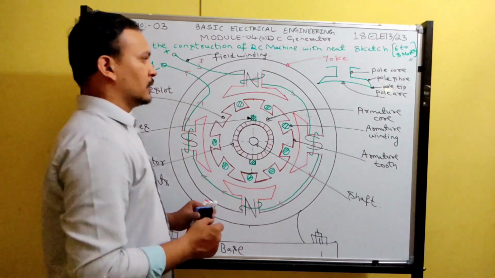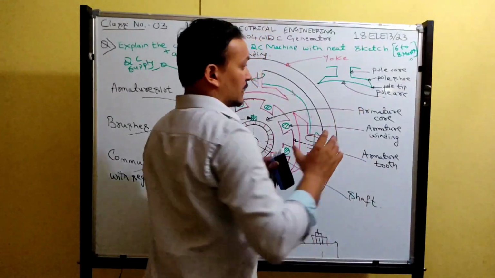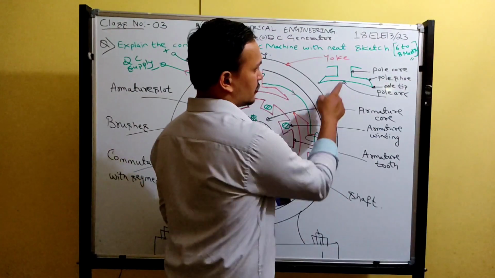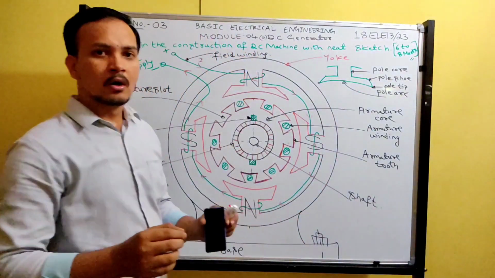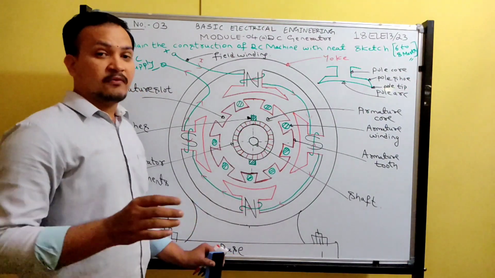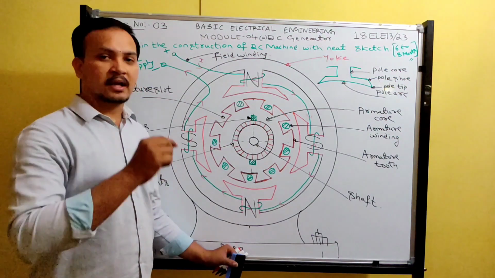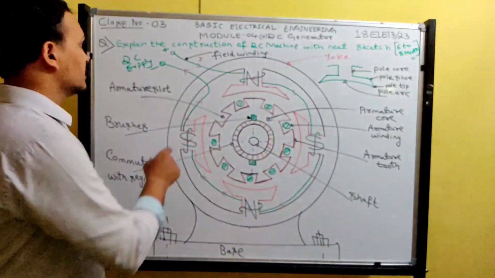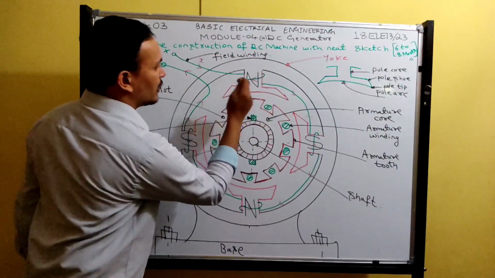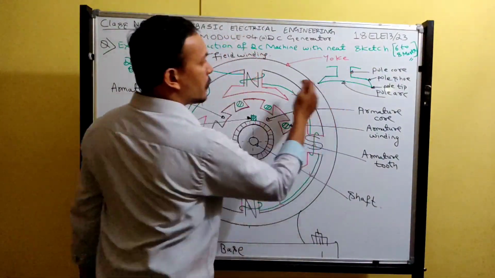Next, in that pole we have 3 to 4 parts. One is this vertical line, called pole core. Why is it used? The major function of the pole core is to carry the field windings. Whatever winding is there, we can wind around the pole core.